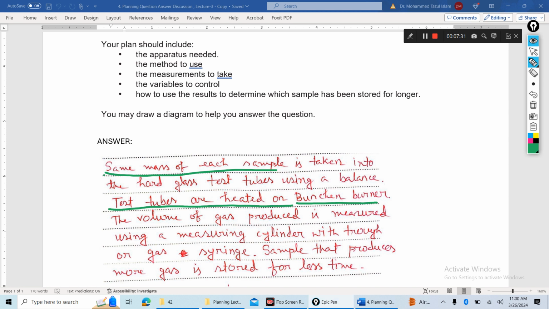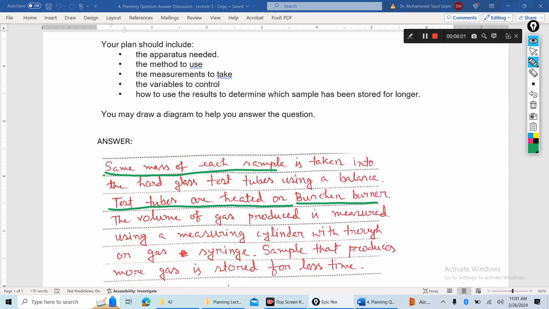After heating, the volume of gas produced is collected using a gas syringe apparatus and volume is measured. Or the gas produced is measured using a gas syringe apparatus or using a measuring cylinder with trough.